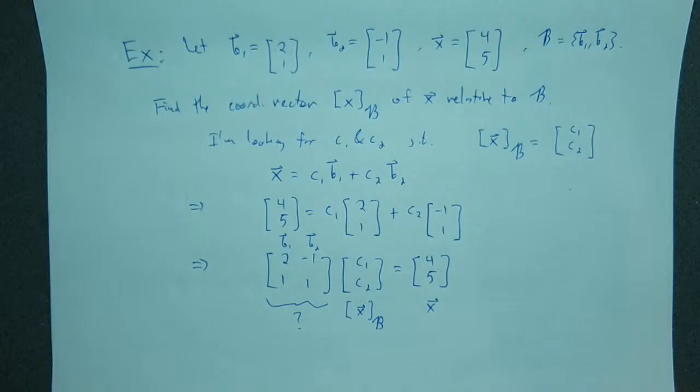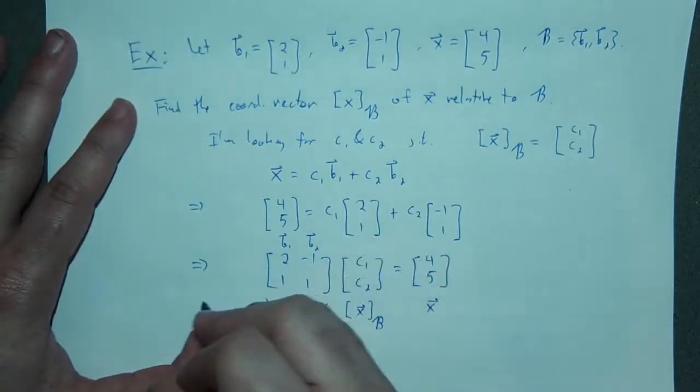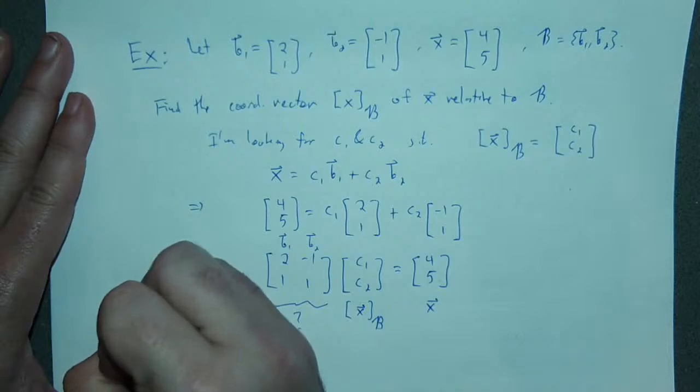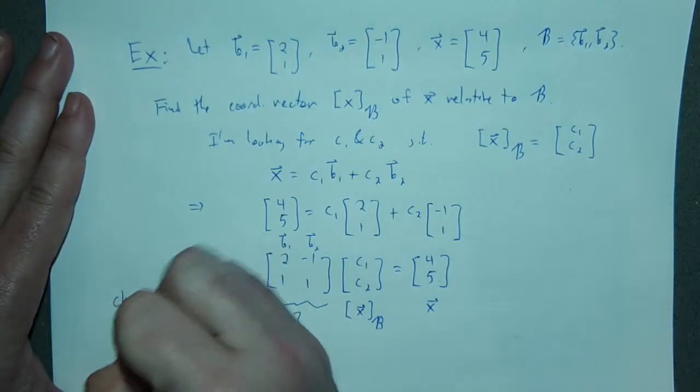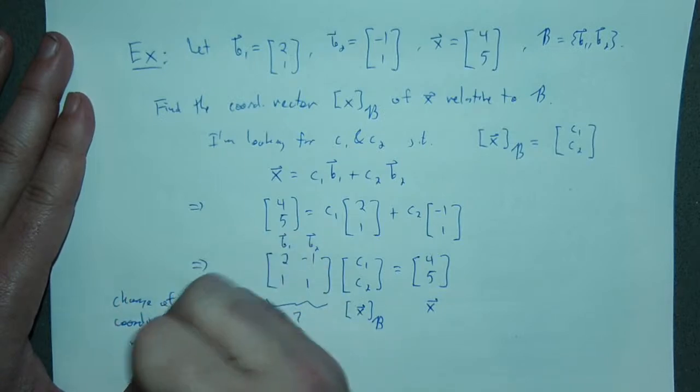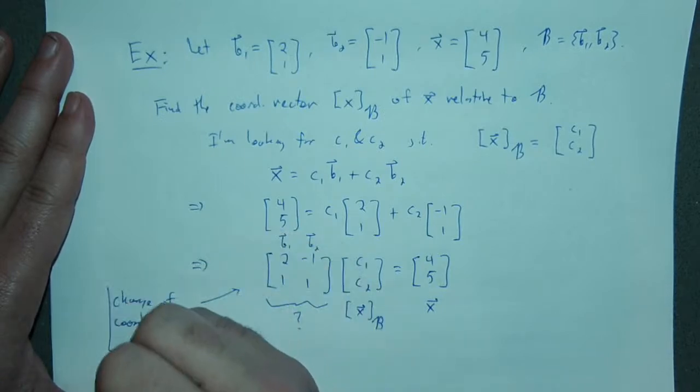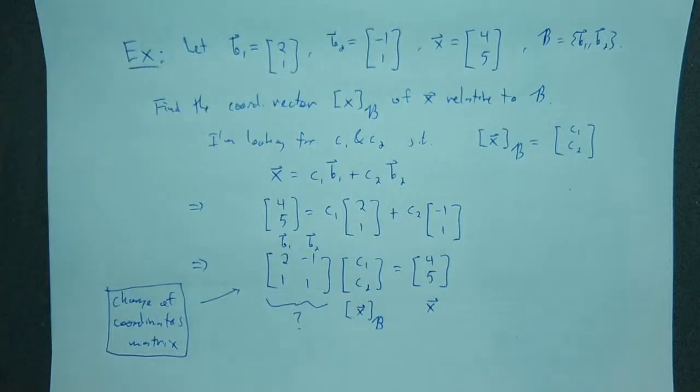This matrix is going to be called a change of coordinates matrix. Okay. All right, so this is going to be my change of coordinates matrix. All right, so we'll write that out again here in a second.